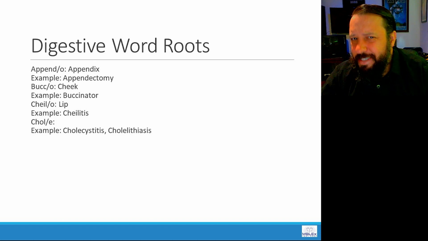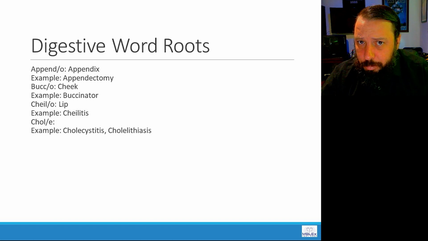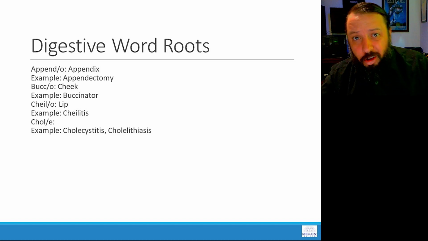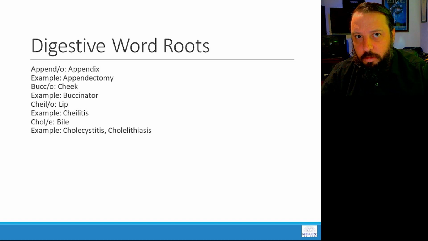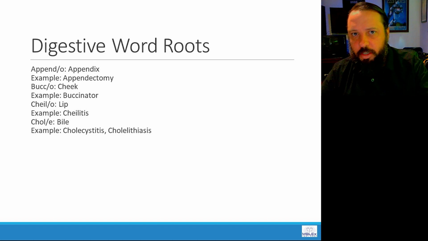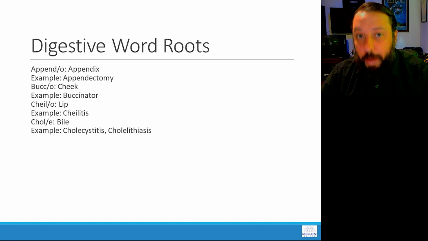So cholecystitis. Cyst means bladder. Itis means inflammation. But what type of bladder do we have in the digestive system? In the digestive system, we have the gallbladder, and the gallbladder specifically holds bile inside of it. So cholecystitis, inflammation of the gallbladder or the bile bladder.